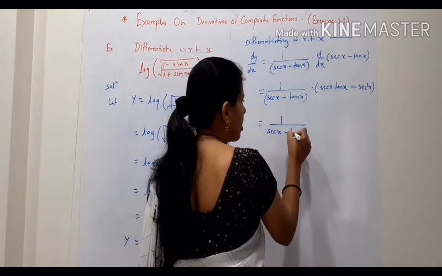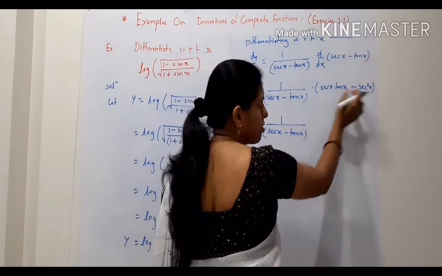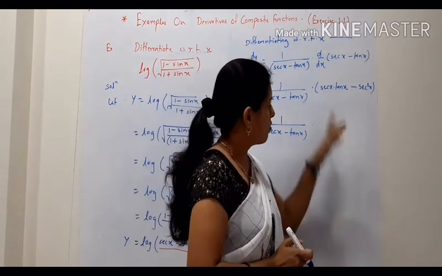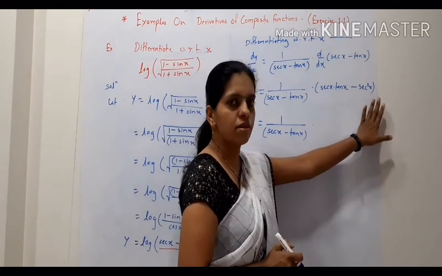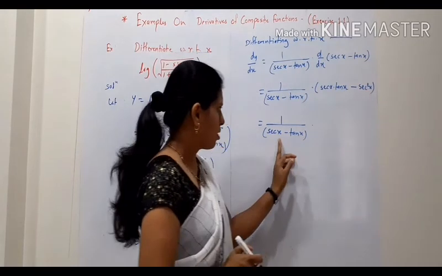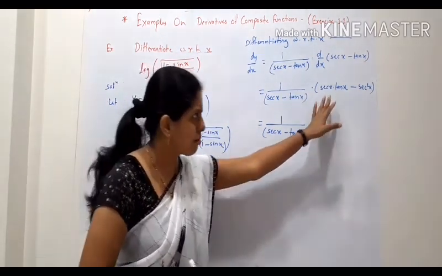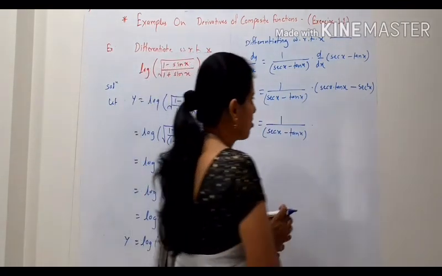Sec x minus tan x as it is. We can see here one sec x is common. If we take sec x common, then this term will be tan x minus sec x, and the change is only here. The first term is sec x and the second term is tan x, so we take the minus sign outside as well. Then this will be sec x minus tan x.